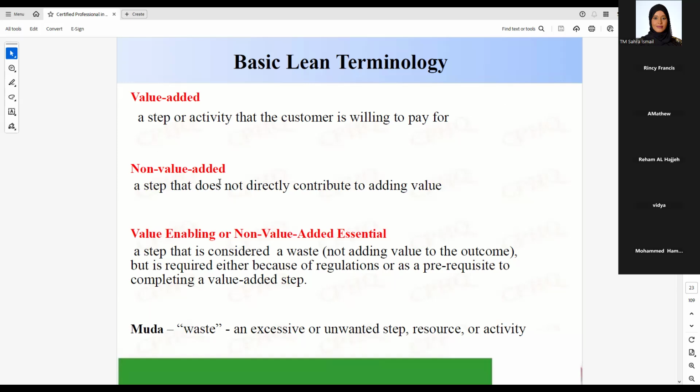Okay, and then it says non-value added activities is a step that does not directly contribute to adding value. So think about anything that is not adding value in this process. So discharge, the actual physician writing the discharge summary, is it a value added or non-value added?